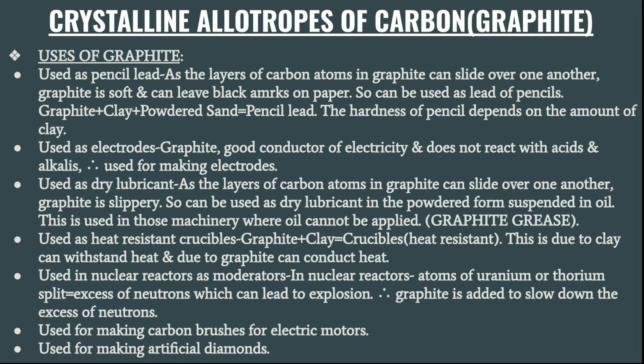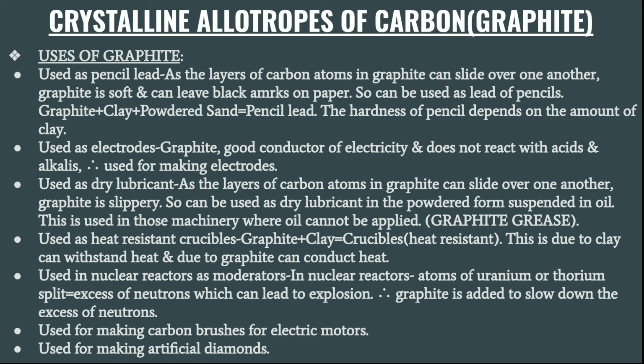Next, it is used in nuclear reactors as a moderator. In nuclear reactors, atoms of uranium or thorium split, and an excess of neutrons comes out, which can lead to an explosion.